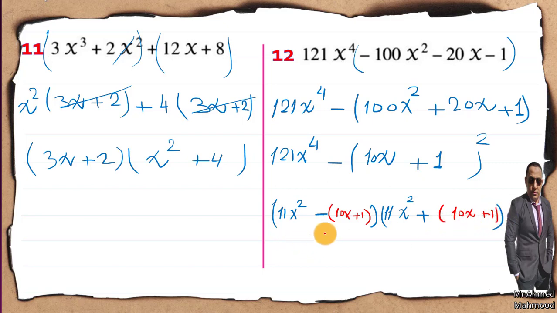Okay, here I have to expand the bracket, but I have to distribute the negative, so it will be 11x power of 2 minus 10x minus 1, and here 11x power of 2 plus 10x plus 1, and this is the expression.